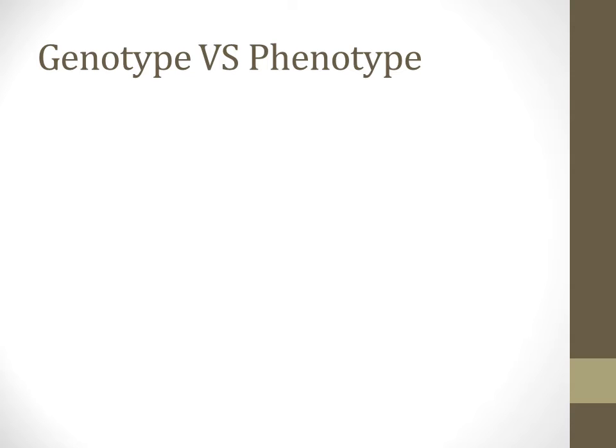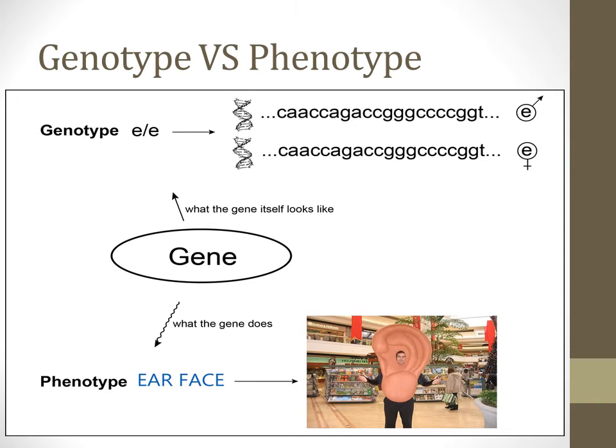Okay, so before we get really into the depth of this, we first have to go over the difference between a genotype and a phenotype. As you can see in this little graphic right here, we have our genotype and we have our phenotype. The genotype is going to be the actual genetic code, this whole thing of A's, C's, G's, and T's, from your father and mother, and that's going to code for your genotype.